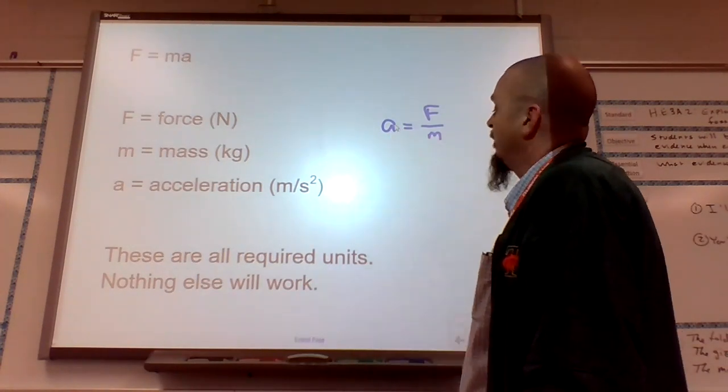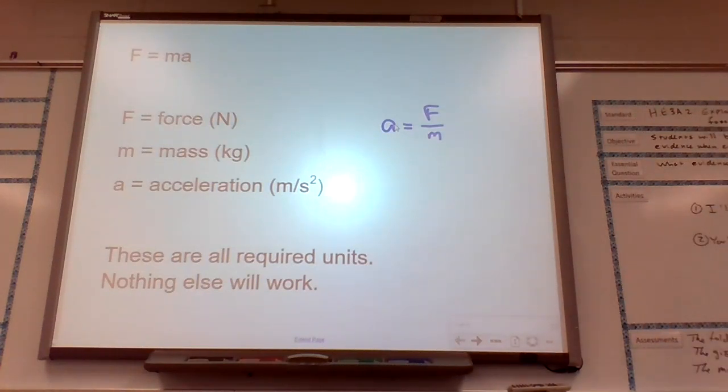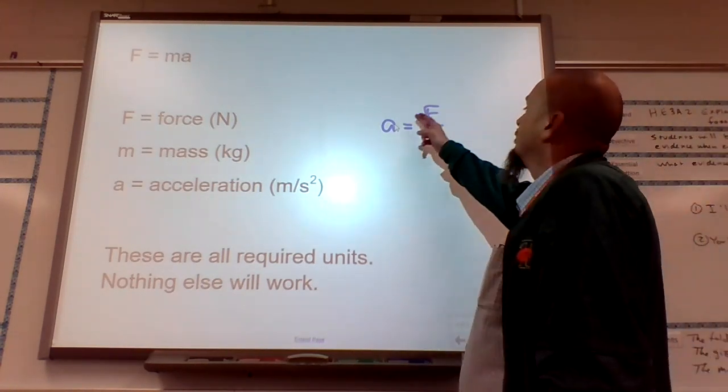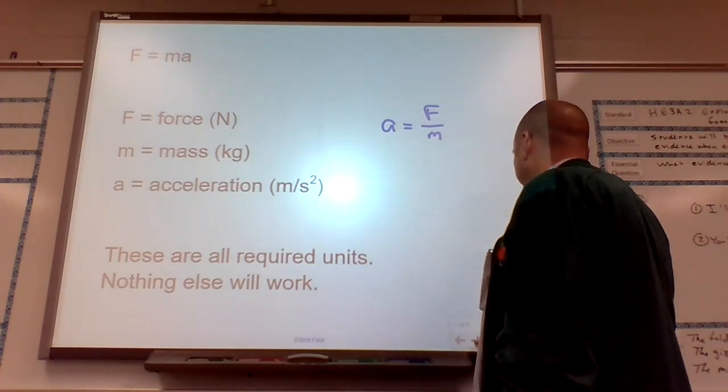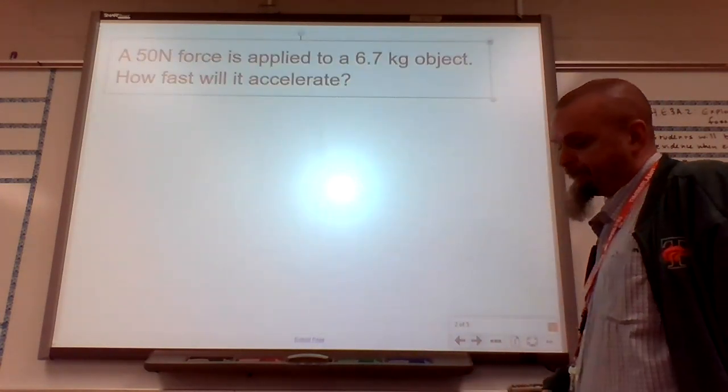It would be 2. So this equation is the mathematical expression of the relationships between force, mass, and acceleration, and can be used to prove that doubling force would double the acceleration, doubling mass would cut the acceleration in half. Let's get on to the math.